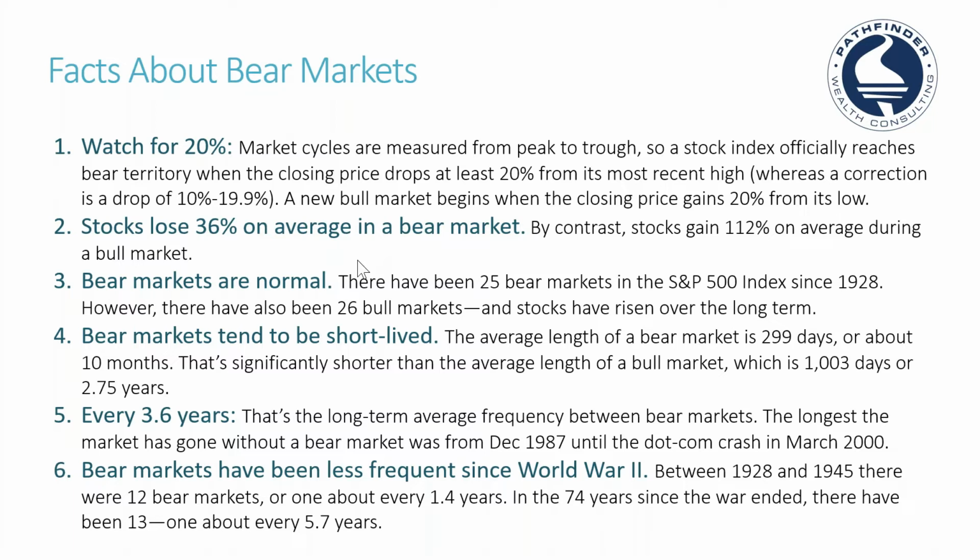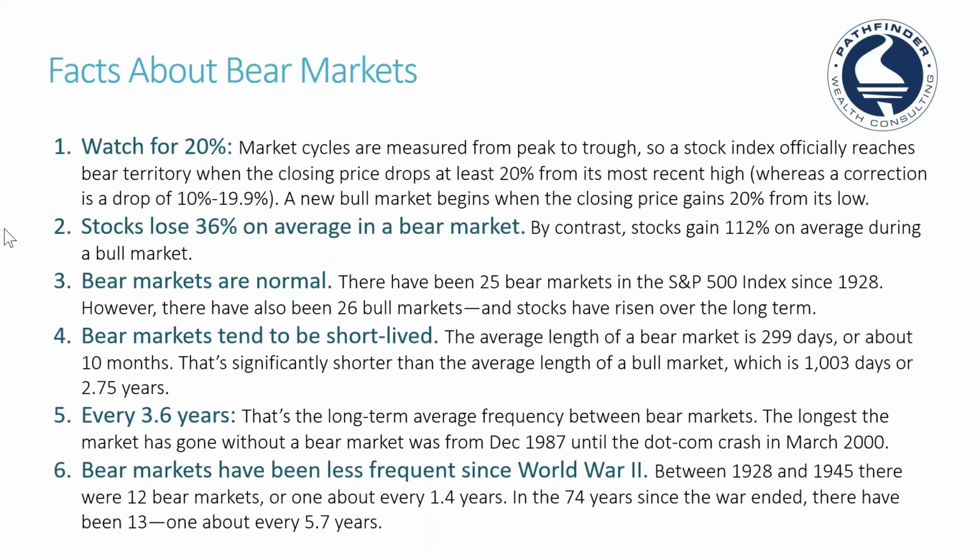Again, number one, a bear market is a drop of 20% from the market peak. And this says, a new bull market begins when the closing price gains 20% from its low. So according to that, we're already out of the bear market because we've come up 20% from that low, which I'll show you in a second.